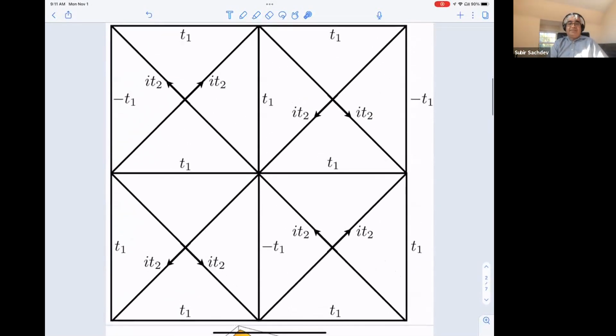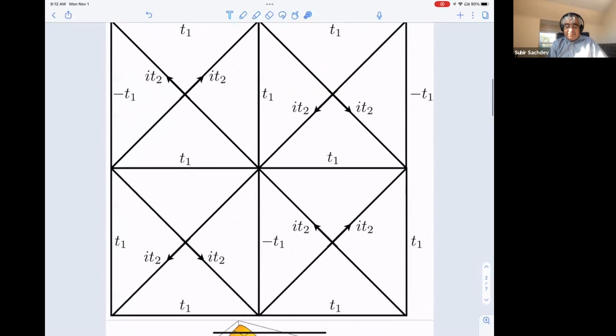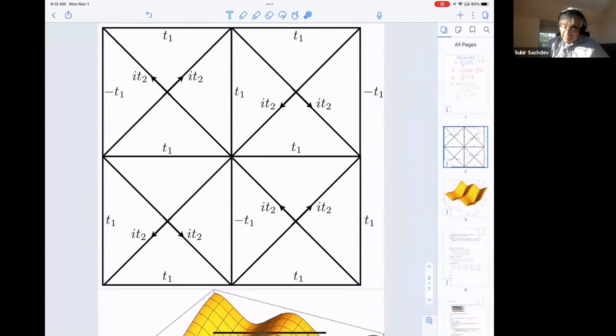All right, so you go ahead and you have a Hamiltonian here of these hopping matrix elements. You can diagonalize it. So let me at least write down the Hamiltonian that you need to diagonalize.